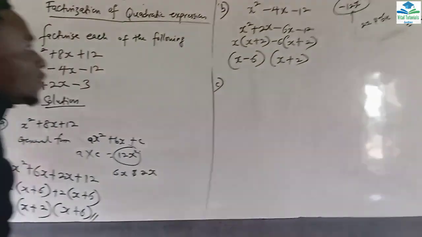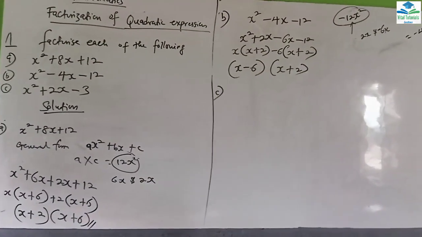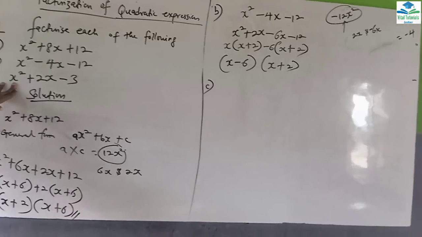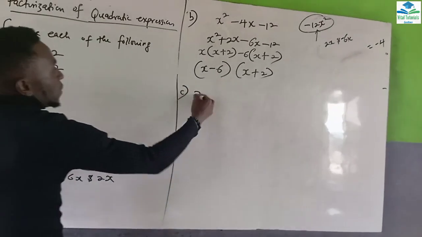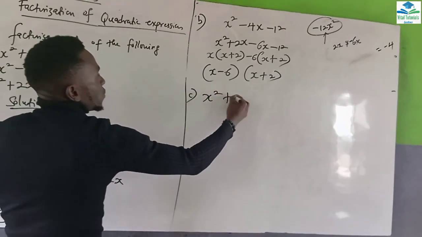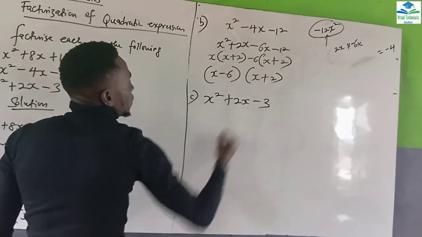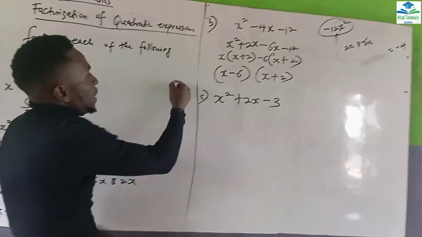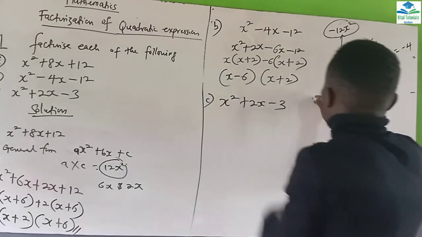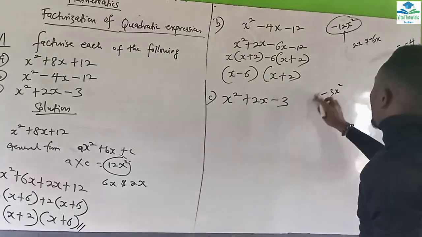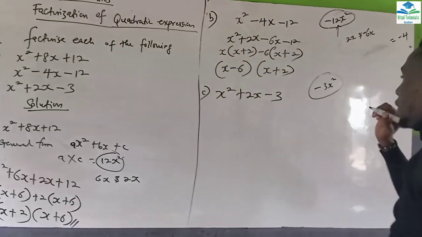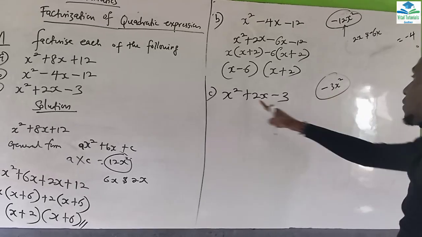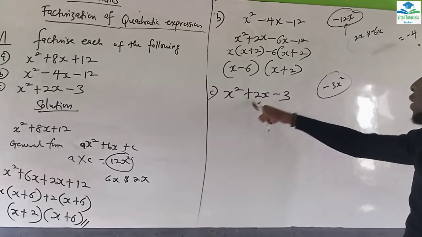Now, if it's a bit confusing, let's do the last one to clarify it more. This is x squared plus 2x minus 3. This and this are multiplied, and you have minus 3x squared, right? Look for two numbers that if you multiply them, you get this, but if you add them, you get plus 2x.